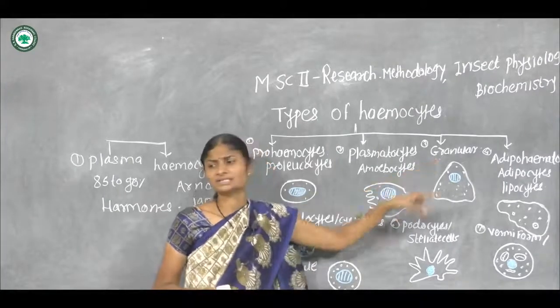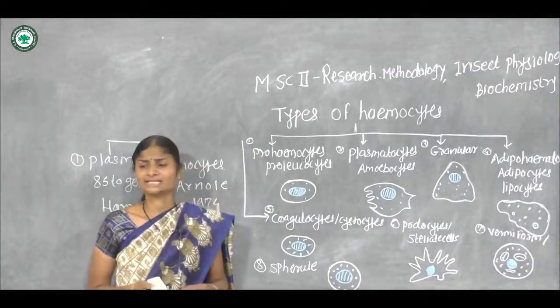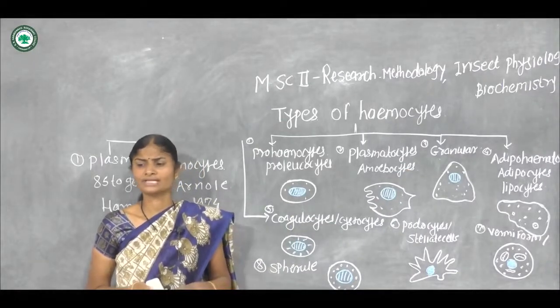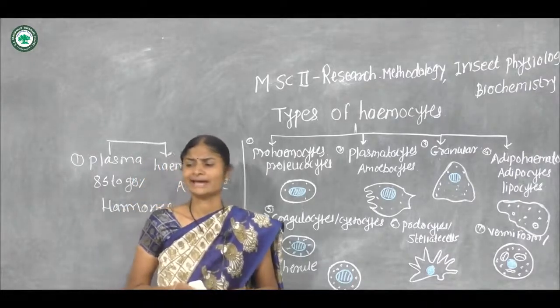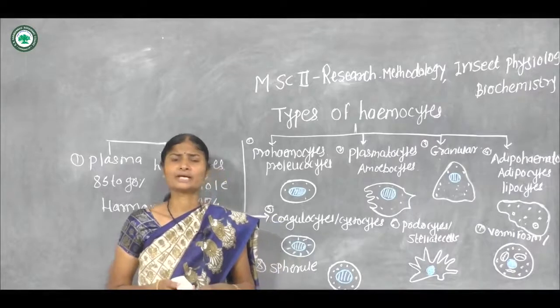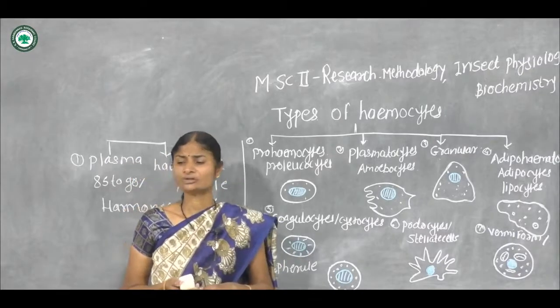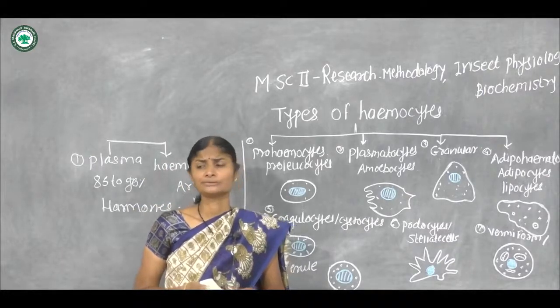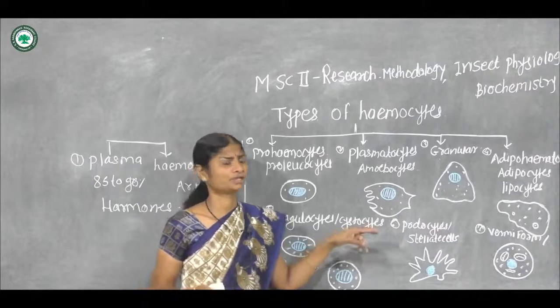Next type is granulocytes, granular hemocytes. These granular hemocytes are oval in shape, with a small nucleus and a large cytoplasm, and this cytoplasm has granules. They are non-motile but metabolic in function.